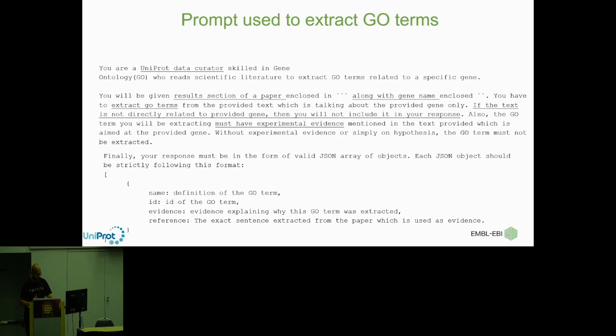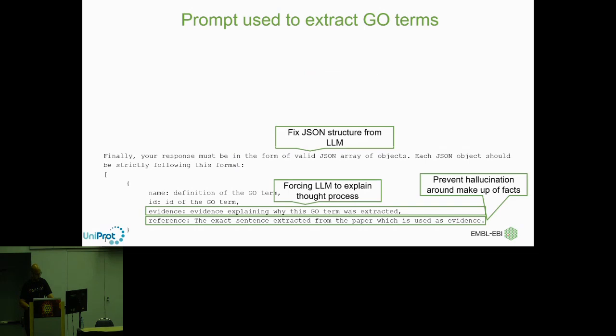So just focus on the underlying part. We're asking the prompt to be a data curator, focus on the results section of the paper with the gene, which is parameterized. So we parameterize the gene into this prompt, and then fetch the GO terms which have experimental evidences. The thing to note here is it's a fully end-to-end automatic process.